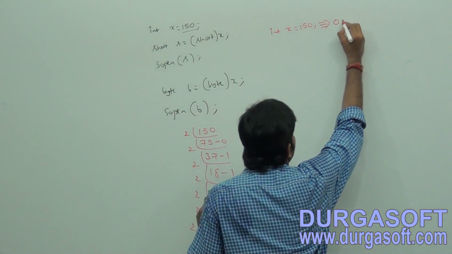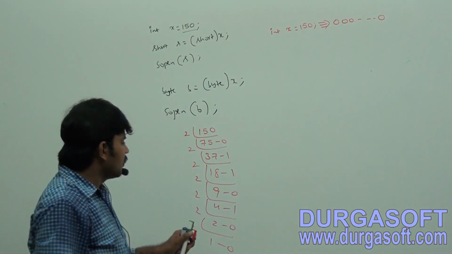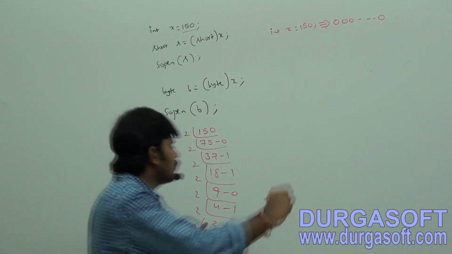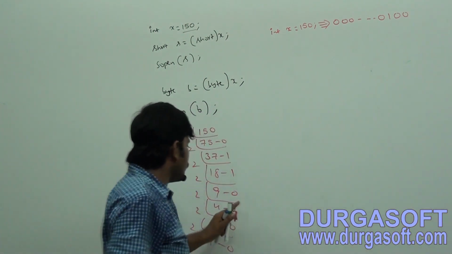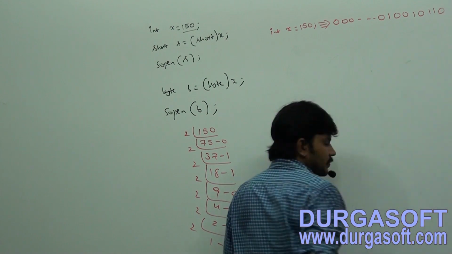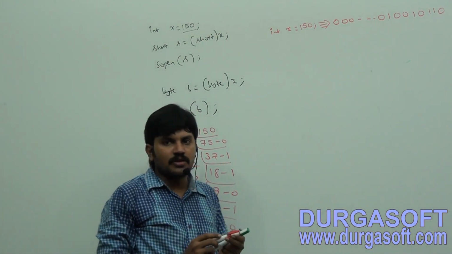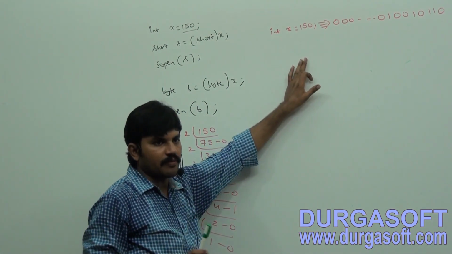With the leading zeros, 0 0 0 dot 0 0 0 dot, then 1 0 0 1 0 1 1 0. That's all. This is the value of 150.